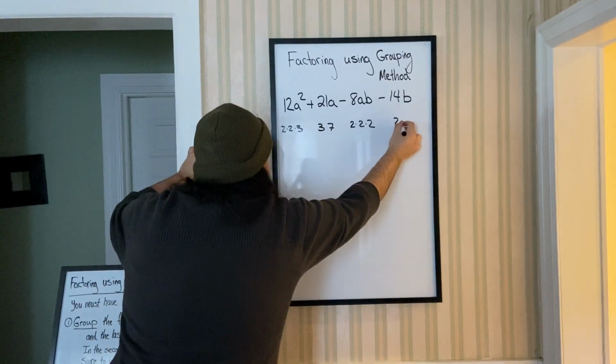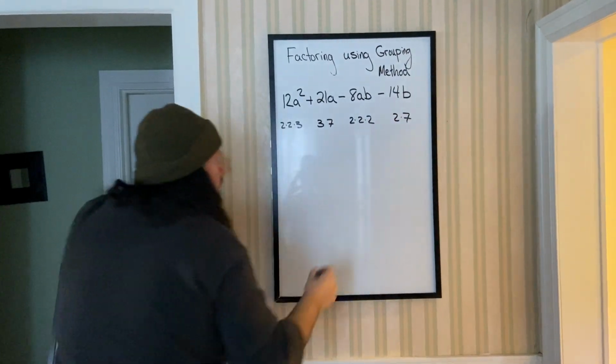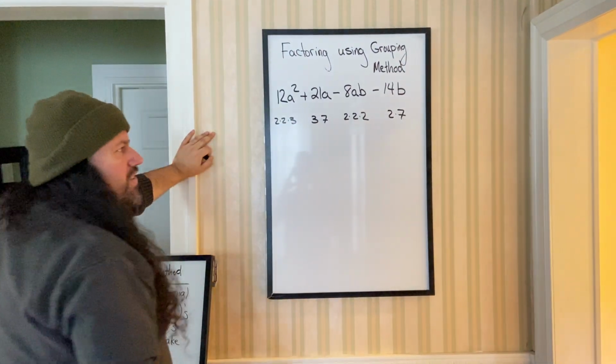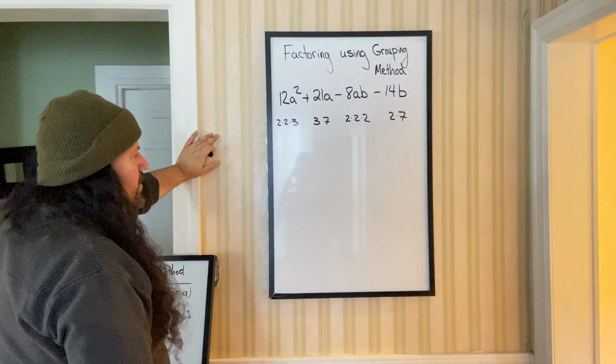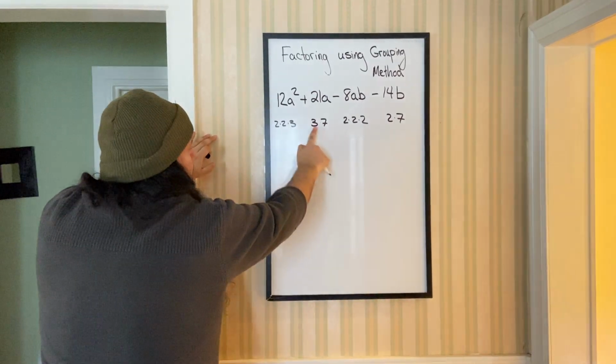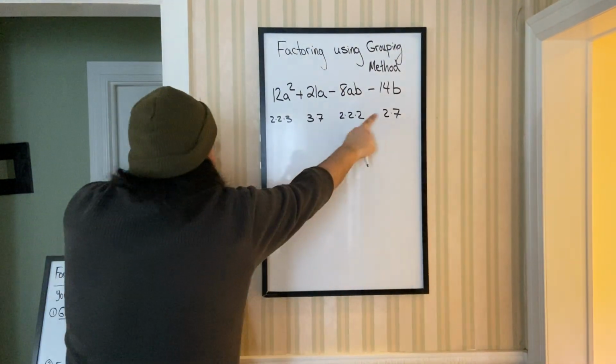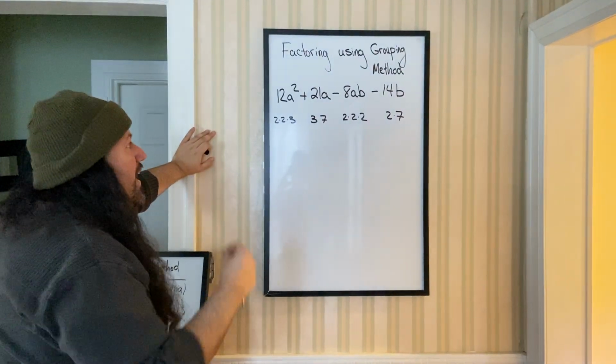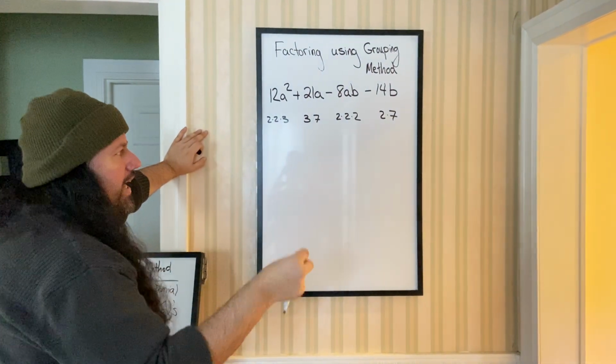And 14 is 2 times 7. So a lot of them have 2's, but because this one term doesn't have a 2, can't have a GCF for 2's. Some of them have 3's, but this one doesn't. Some of them have 7's, but these two don't. So you have to have a number that all four terms have.